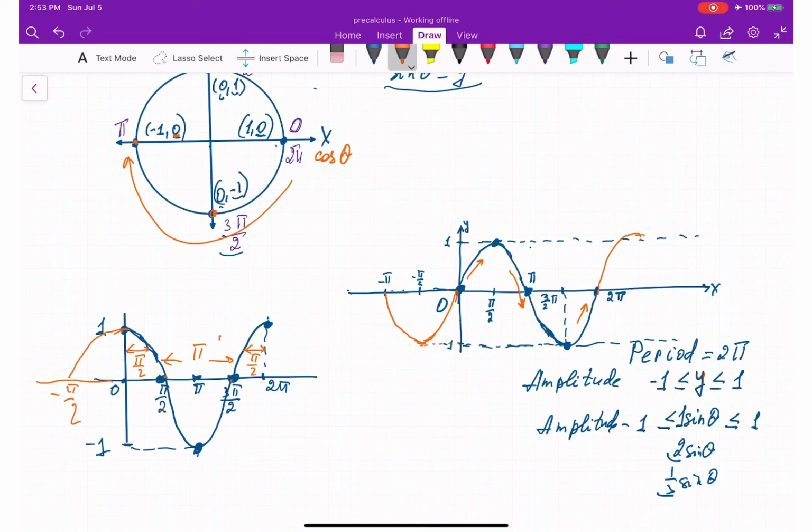So pi and 2 half a pi's, it's going to be 2 pi, period, just like here. Two pi. So period is 2 pi.